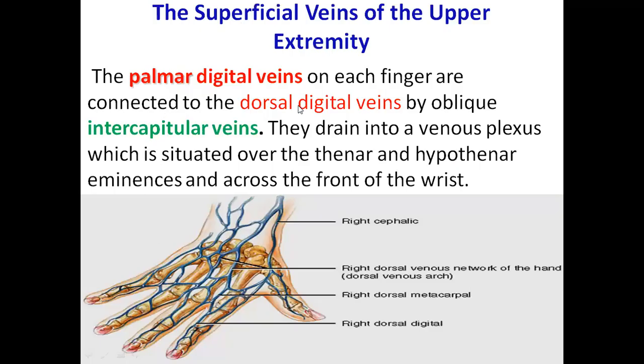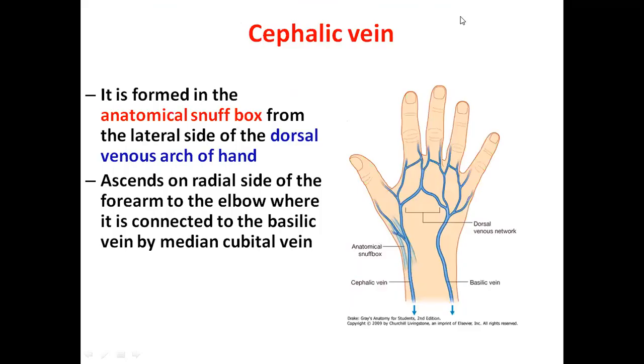So dorsal digital veins and palmar digital veins are both communicated by means of an oblique vein which is called the oblique intercapitular vein. They drain into a venous plexus which is situated over the thenar and hypothenar eminences and across the front of the wrist. Now see.